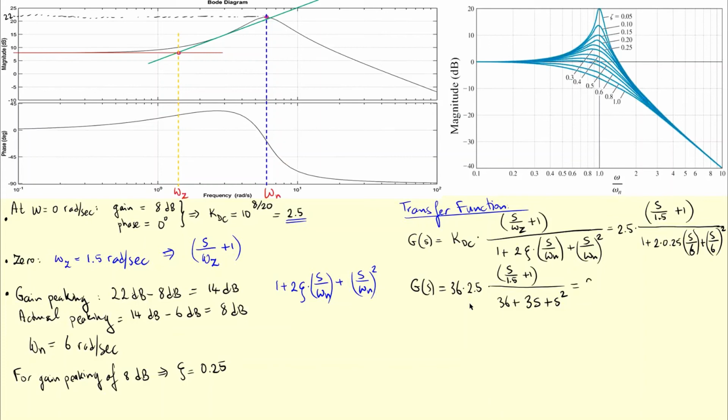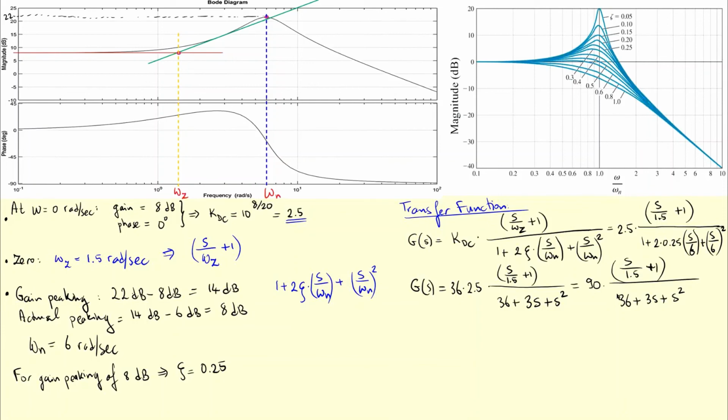So let's write it down: 90 times s divided by 1.5 plus 1 for our 0 term, and then divided by 36 plus 3s plus s squared. Now, if I multiply the denominator and the numerator by 1.5, I will of course have here s plus 1.5, which I preferred.